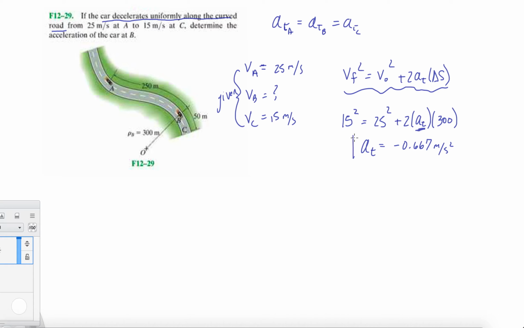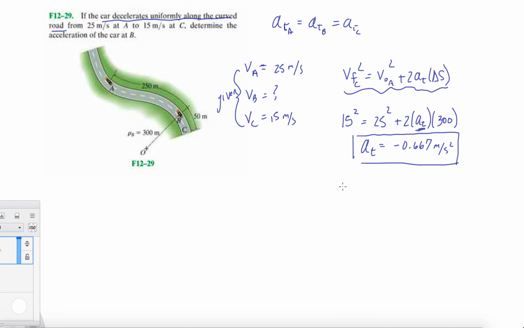Now that I have this uniform acceleration, I applied the same method as before, except instead of using point C and point A, I said, what if I start from A and go to B, or start at B and go to C.